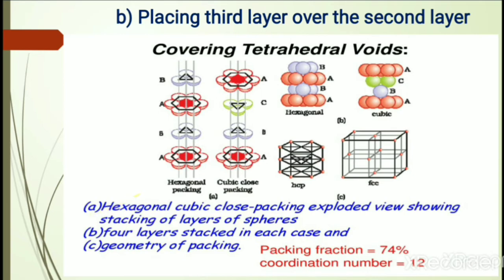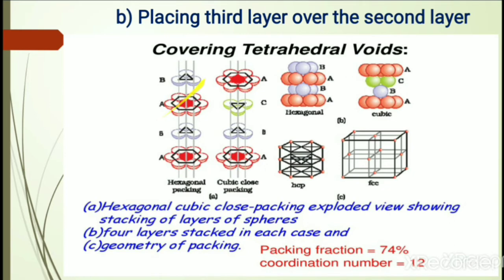See, in the first one, the hexagonal close packing exploded view is there. This is an exploded view of the hexagonal close packing structure. Then in B, this is a structure of 4 layers stacked one above another. Then in the third, this is about the geometry of the packing.